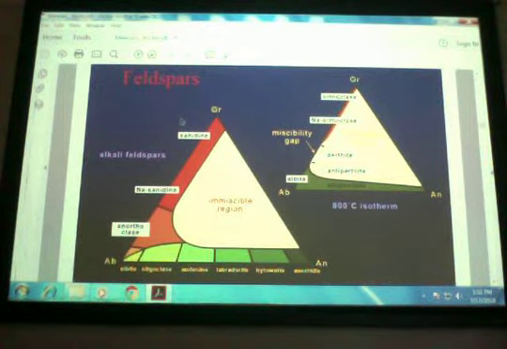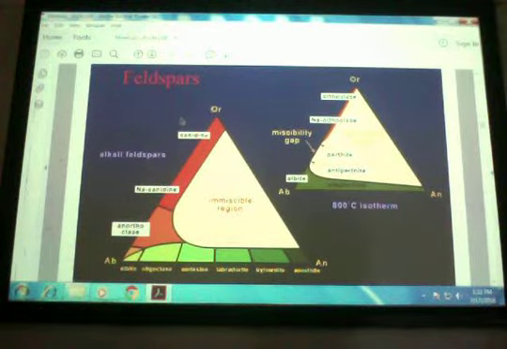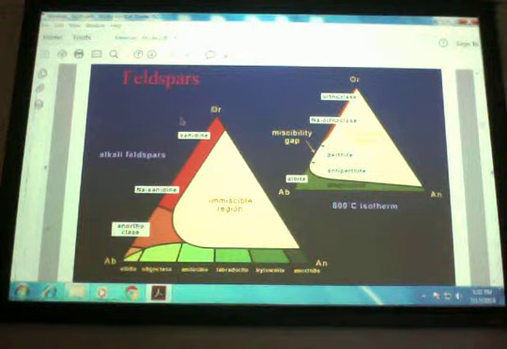The most important parameters when we are talking about magmatic systems or metamorphic systems are controlled by the pressure and the temperature. Yeah? That is the most important thing. So every mineral is formed at a certain pressure and a certain temperature.